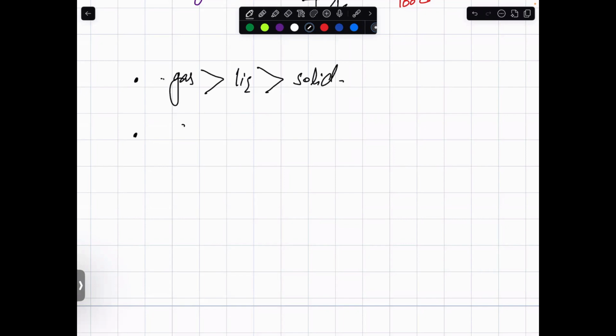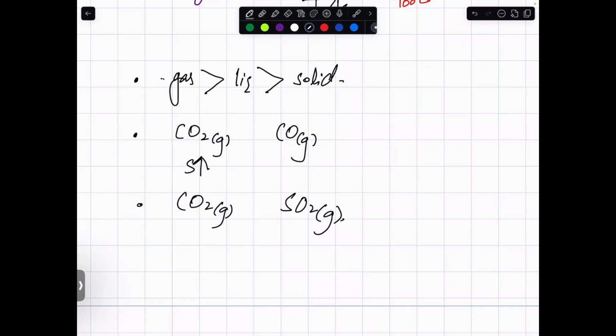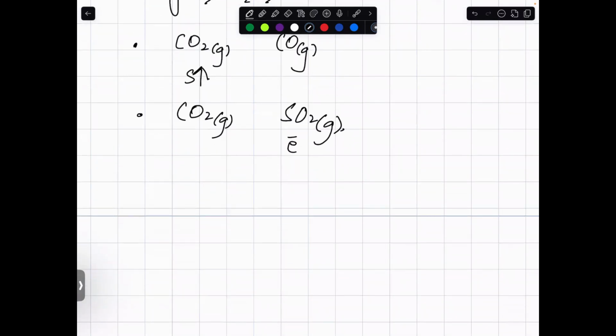Now, if physical states are the same, then check what? The number of atoms; the entropy is more. But if the physical state and the number of atoms are the same, then check what? Electrons, more disorder. You can check the protons if all the things are the same.